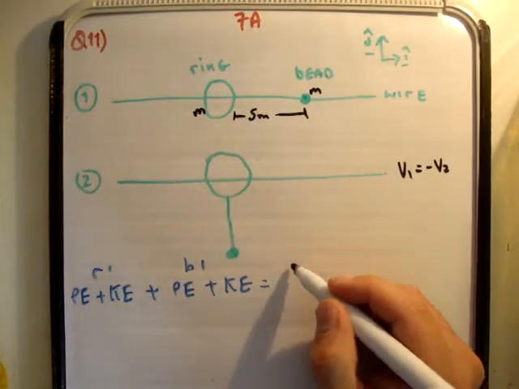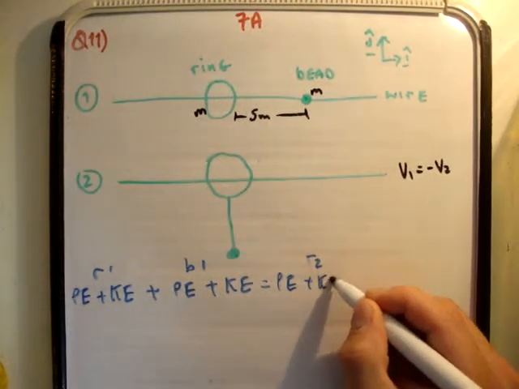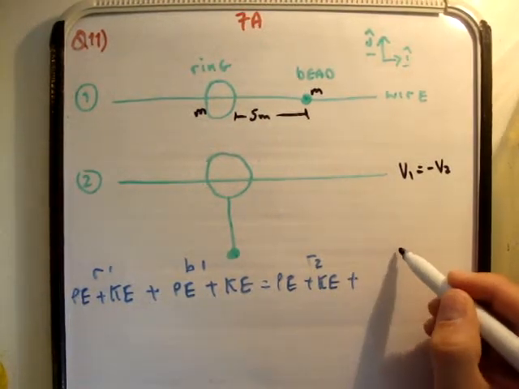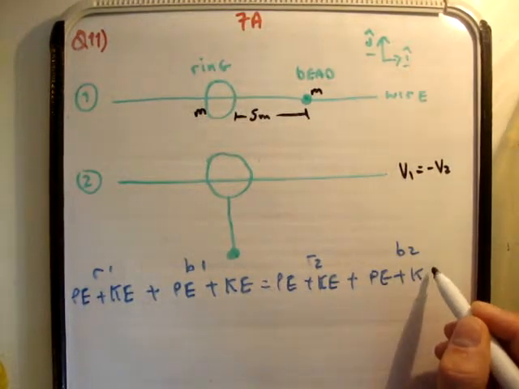That's going to be equal to the ring at position 2, potential energy plus kinetic energy, plus the bead at position 2, its potential energy plus its kinetic energy.